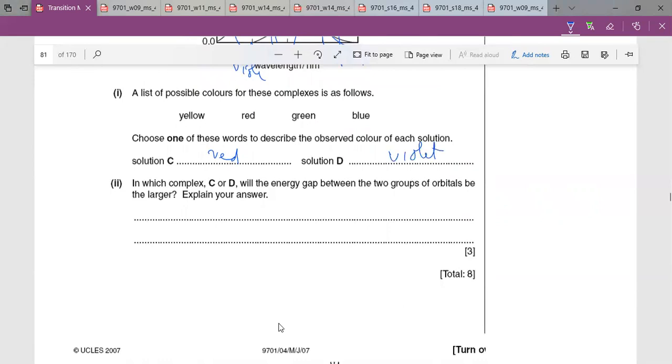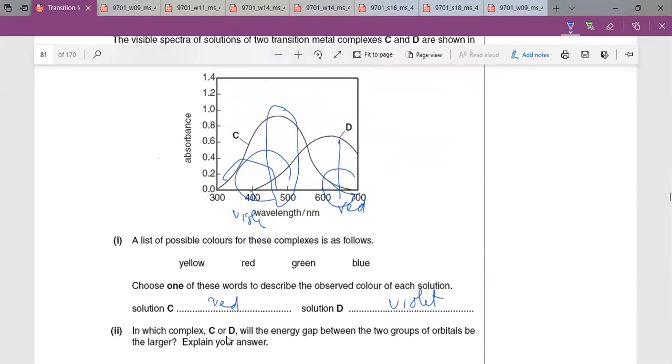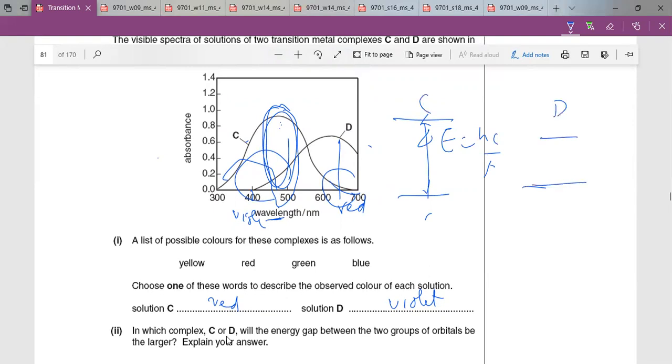In which complex will the energy gap be larger? Now remember, if you absorb at the lower wavelength, that means C, it does not absorb here, so C is bigger. E equals hc over lambda. D will be lower.